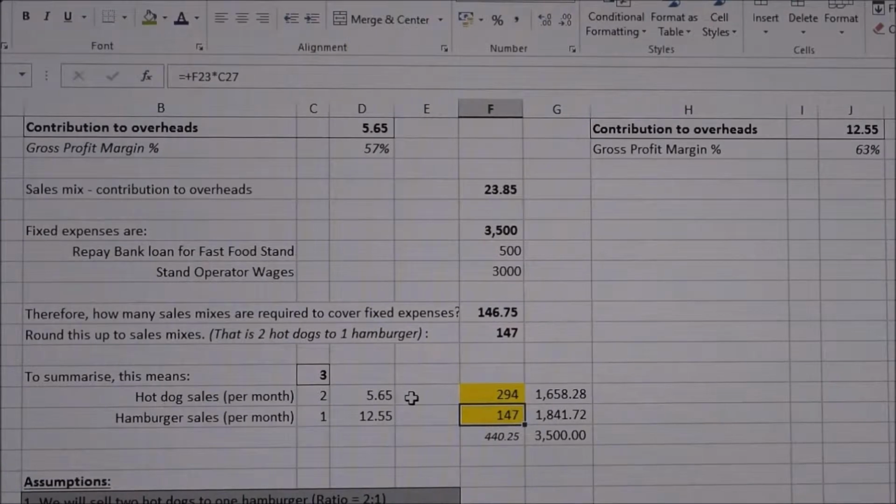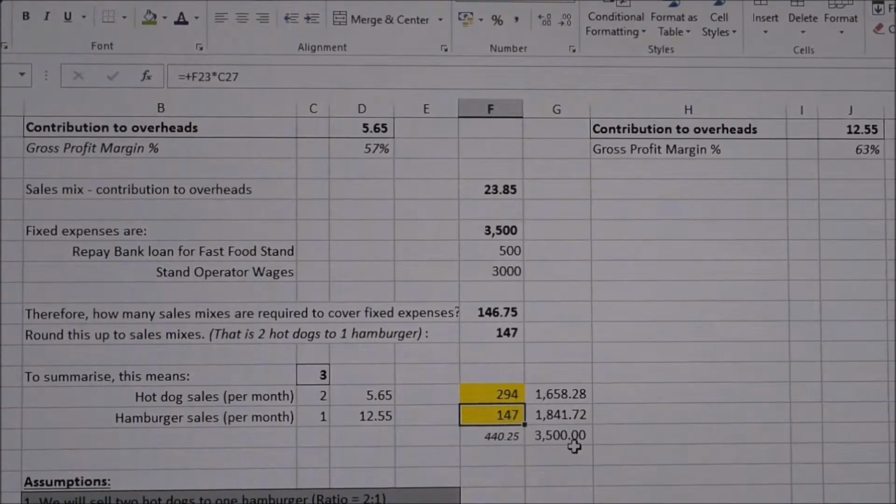Remember, we made a gross profit of R5.65. So for 294 hot dogs at R5.65, we get our R1,658 figure over here. And the same with our hamburgers, we have a contribution of R12.55 times the 147, we end up with 1,841.